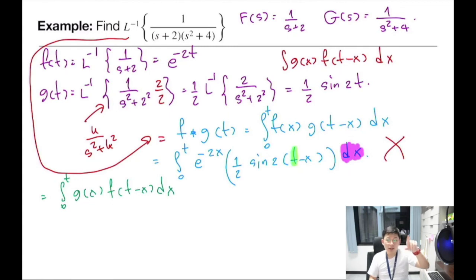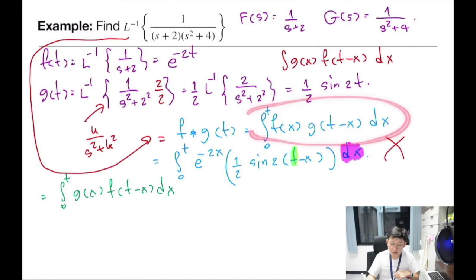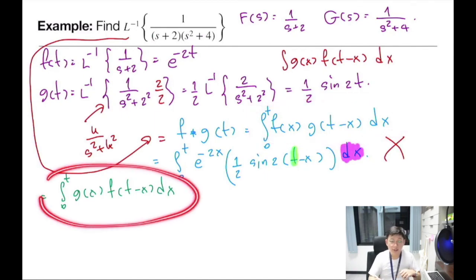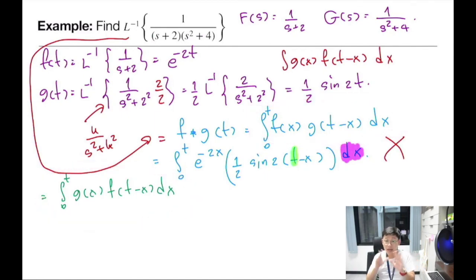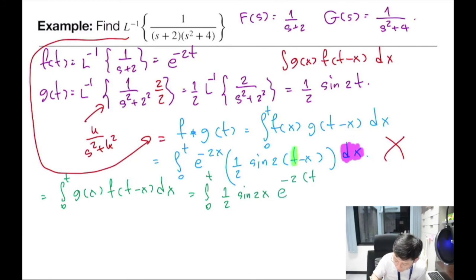So the integral of f(x) g(t minus x) is the same as the integral of g(x) f(t minus x). And this is going to be a lot easier. Why? Because here it's the integral from 0 to t, g(x) is 1/2 sine 2x. See, we don't have t inside the sine. And f(t minus x) would be e to the minus 2(t minus x) dx.